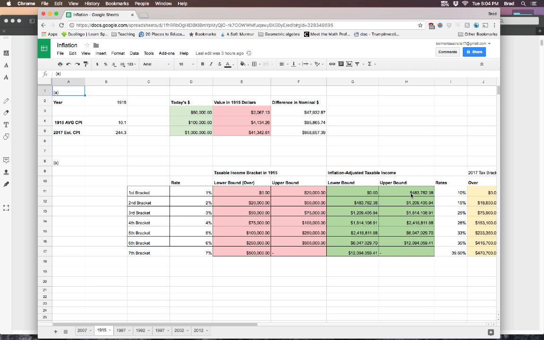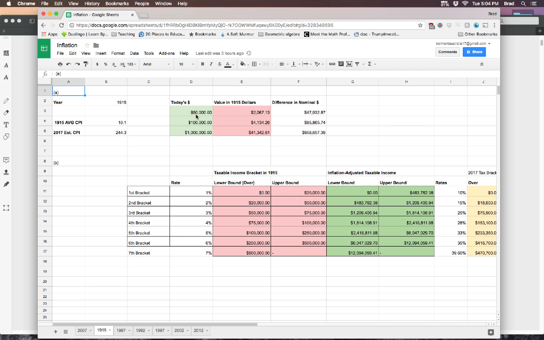That would cover anyone earning from $0 to almost $500,000, who would pay that 1%. And then things increase likewise up here. And again, I put the 2017 brackets over here for comparison.